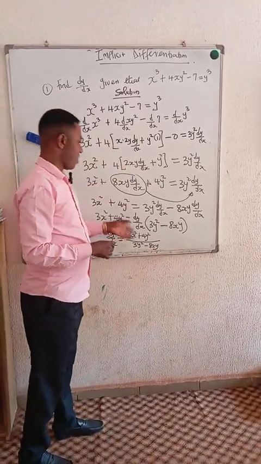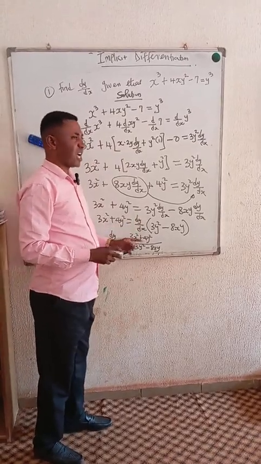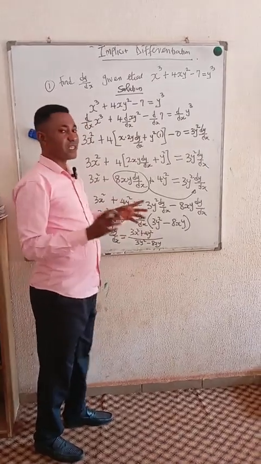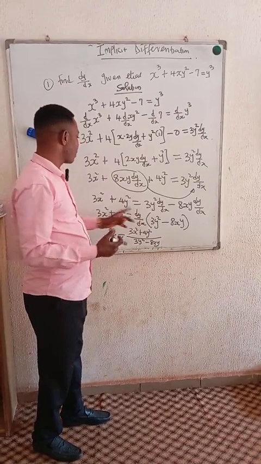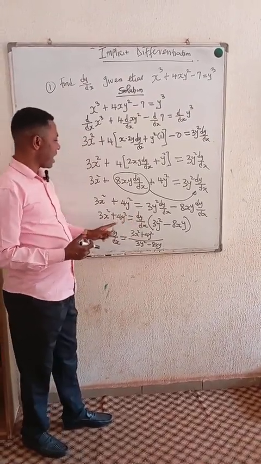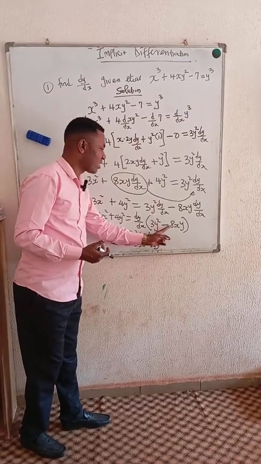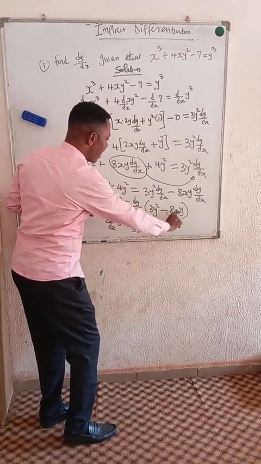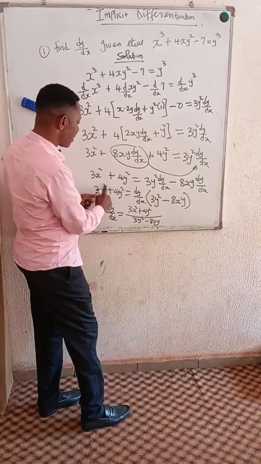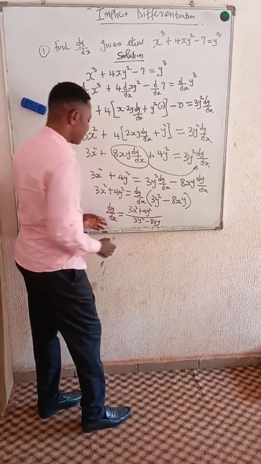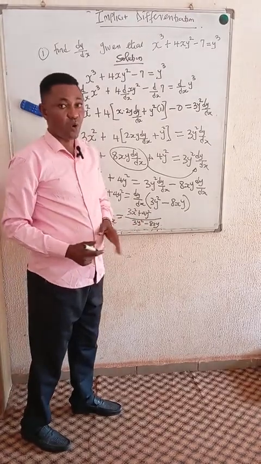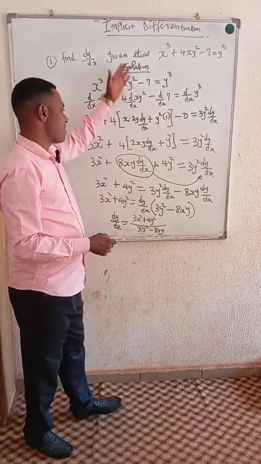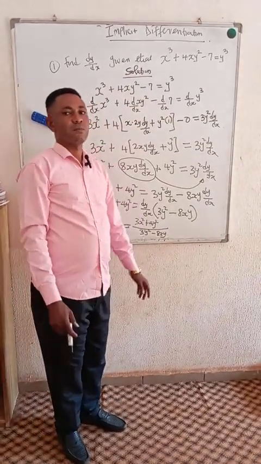Look at what we have done: our target was to make dy/dx the subject of the formula, so we divided both sides by 3y squared minus 8xy. This is the result of the differentiation, which is now the dy/dx. I believe with this we are good to go. Bye bye.